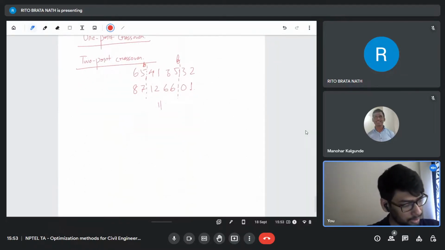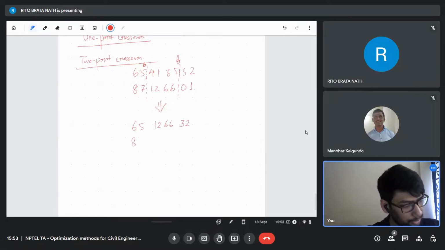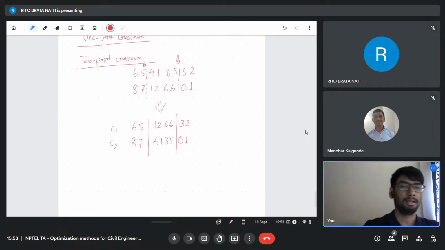From this, you should get children of 651266, then you will have that 32. And from this portion, you will get 87, then this 4135 portion will come here and you will get 01. So this is the portion that's being changed. This is child 1 and child 2. This is the basic difference between 1 point crossover and 2 point crossover.